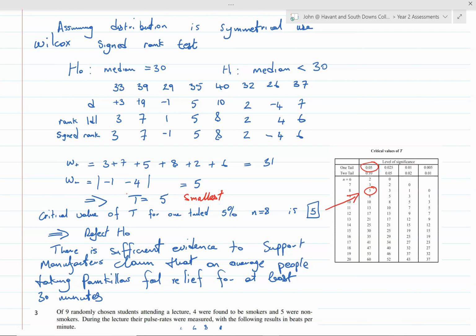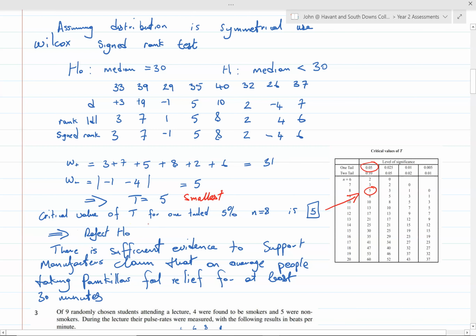If they're the same or smaller, so if we had a critical value of 4 or 3, and so on, we reject H naught. Because we've got 5 as our actual t value and 5 as the critical value, we're rejecting H naught.